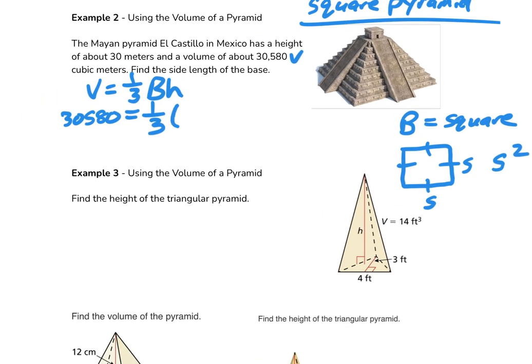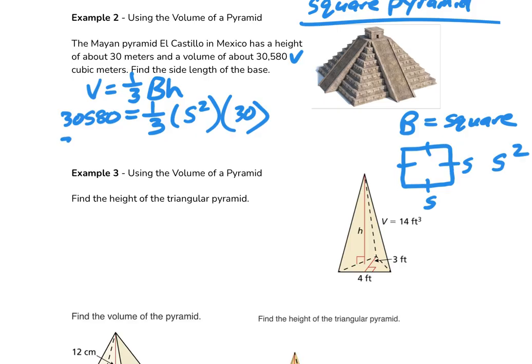Because if I don't know the dimension of any of the sides, we do know that the height is 30. We got to find the length of each side. Okay, S is what we're going to call it here. Now, there's a lot of different ways you could solve this, but the easy way here, I think, is to take 1/3 of 30, or 30 divided by 3.